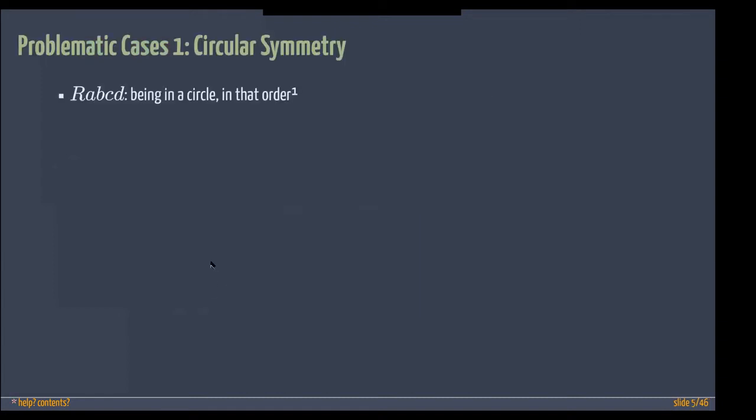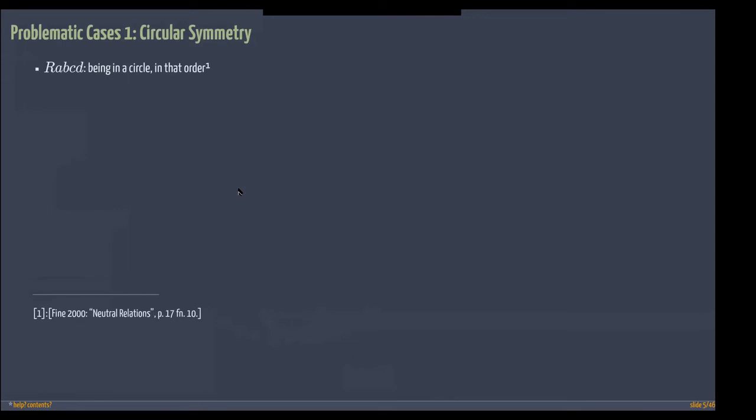The first one is by, oh, sorry, it's too big, I guess, at least on my screen. The first relation is the relation R(A, B, C, D) of being in a circle in that order. You all know it, and it's so troublesome, and it's amazing that it's just in a footnote. And how do we account for this when we are positionalists?